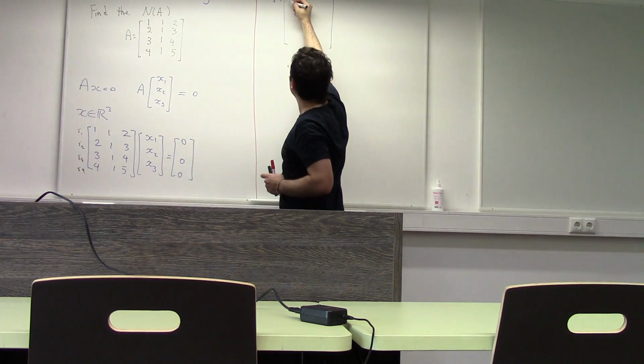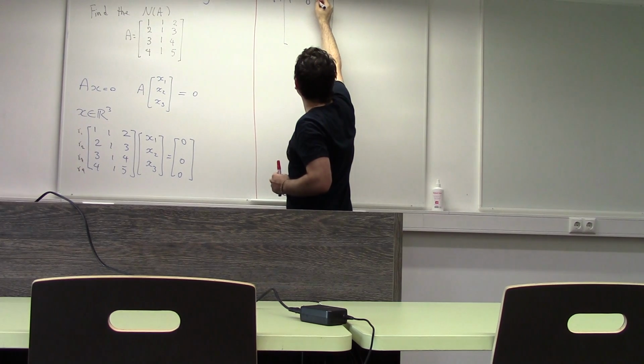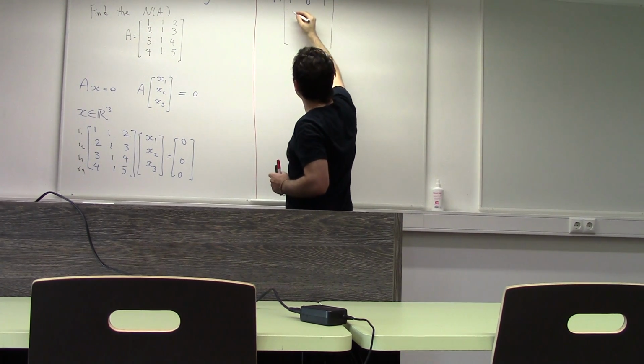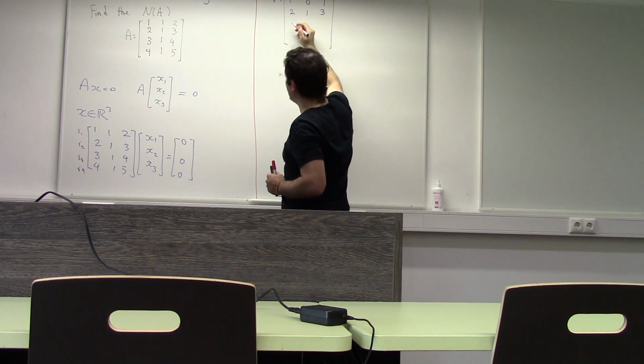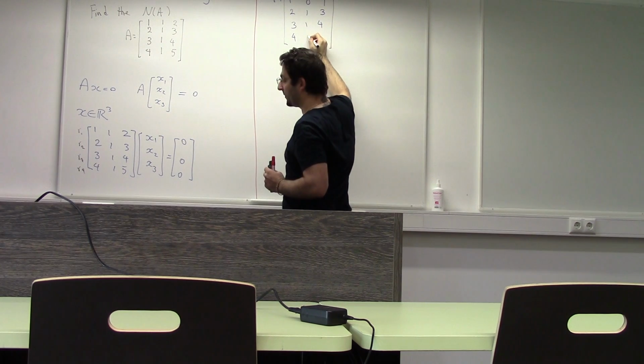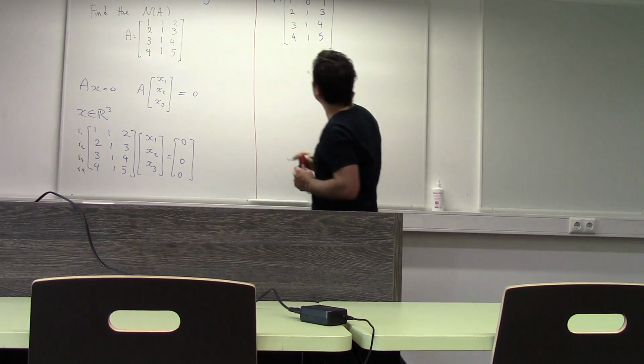So it will be 1, 0, 1. Then I have 2, 1, 3. Then I have 3, 1. Don't write it, because I will do all the operations in one go.